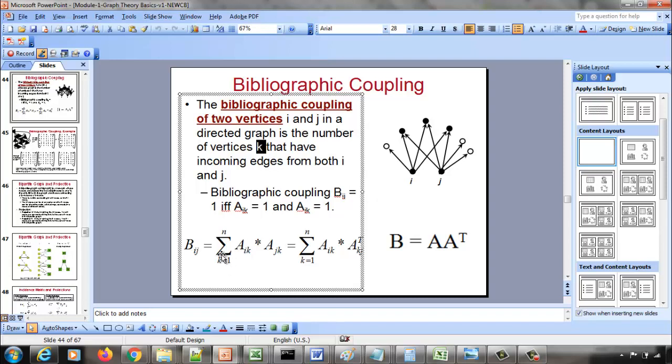And we want to find all such K equals 1 to n, all those vertices that are cited by both I and J.